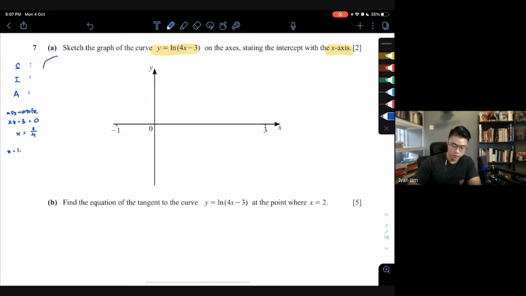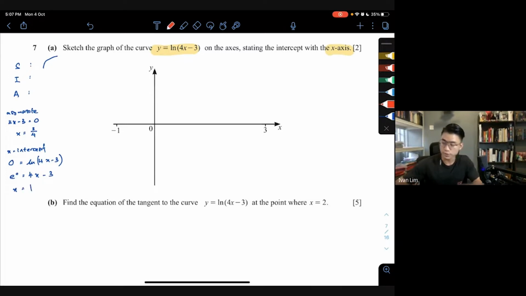Next one. There's no y-intercept in this case, but there will be an x-intercept. The x-intercept is when y equals 0. So go and solve for this. You get e to the power of 0 equals 4x minus 3, so x will be equal to 1.